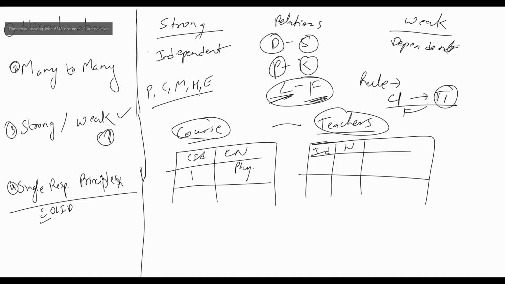Biology as well, computers as well, these are all defined. That means the course is the strong entity. Whoever is the strong entity leads the weak entity, so the course ID has to go here to know that this teacher is teaching physics.